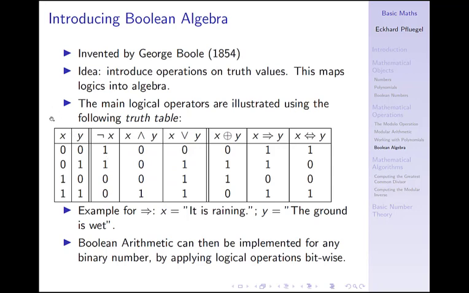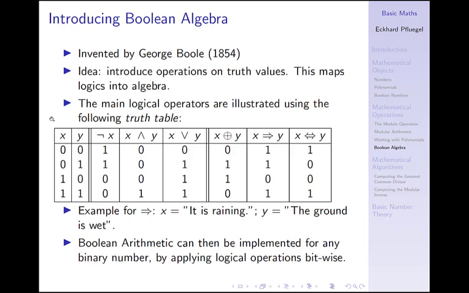And now finally, I would like to talk about Boolean algebra a little bit and to present typical operations on truth values based on what we call a truth table. Now, Boolean algebra was invented by the English mathematician George Boole, and his idea was to encode the typical things you do when you reason logically in terms of using operations.